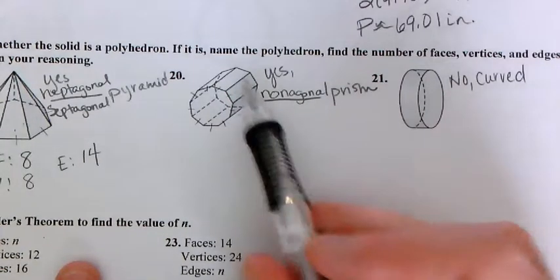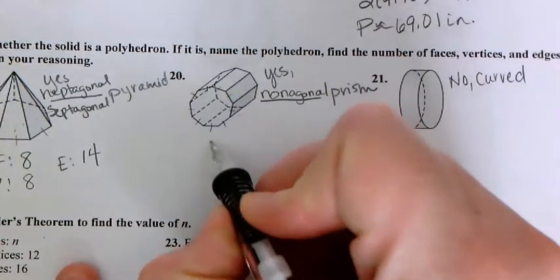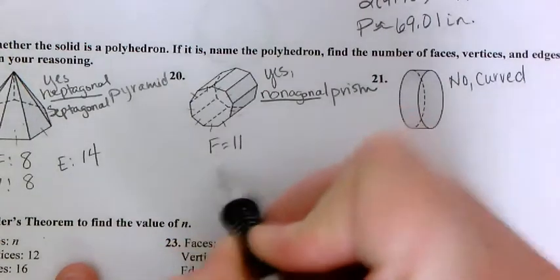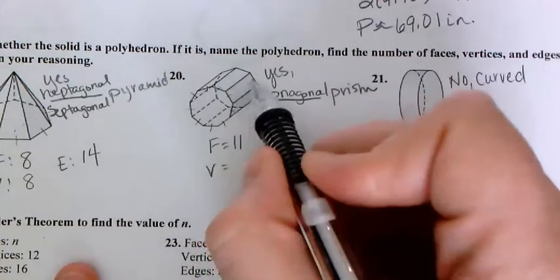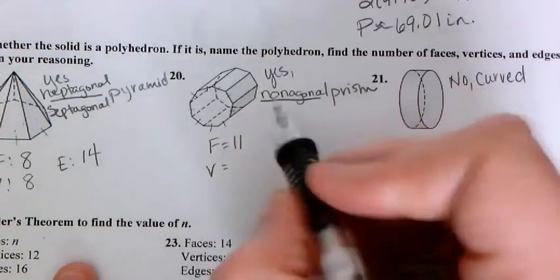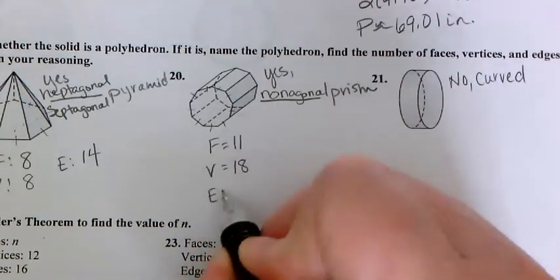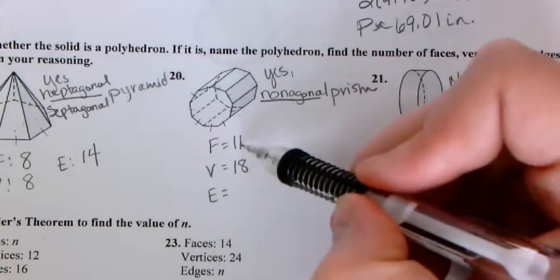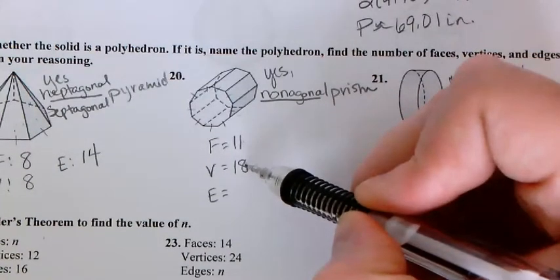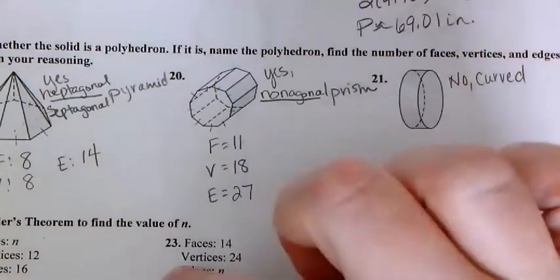So that means there are 9 rectangles that go around, plus my 2 bases, so I have faces equal to 11. Vertices, there are 9 on the bottom, and since there's a repeat at the top, there's 9 there, so 9 plus 9 is 18. Edges, you can take these two numbers, add them, subtract 2, so 11 plus 18 is 29, minus 2 is 27, and that's using Euler's theorem.